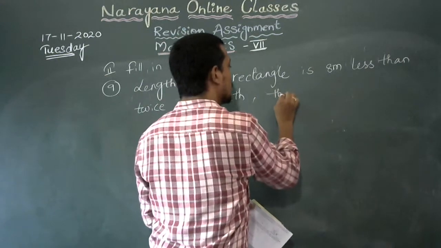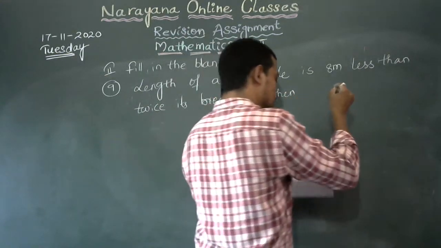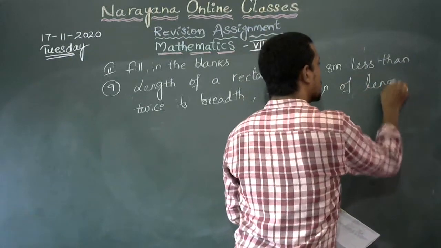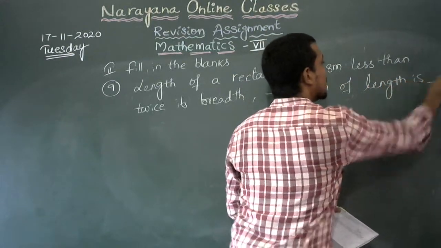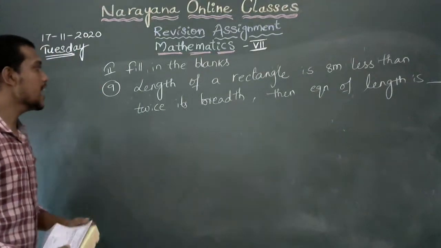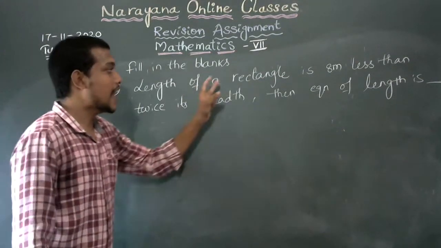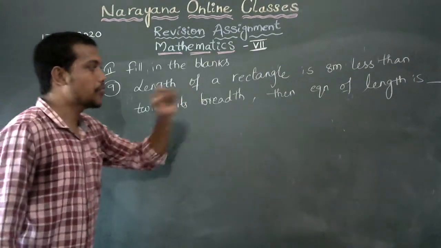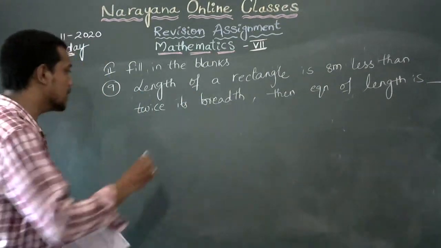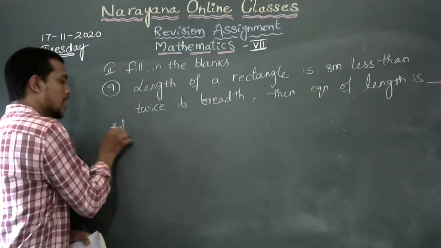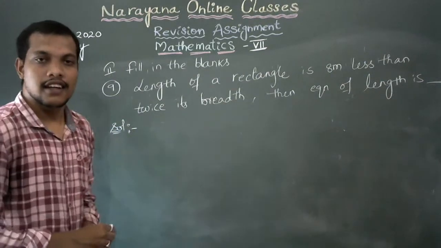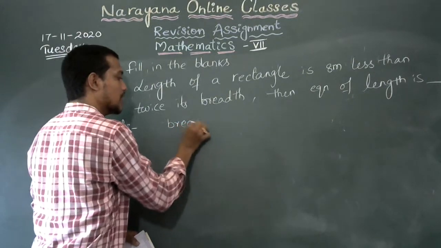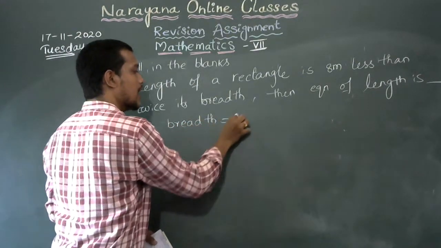Then equation of length is dash. Okay, length of a rectangle is 8 meters less than twice its breadth. Then equation of length means, so here we don't know the breadth value. So that's why breadth value I am taking x.